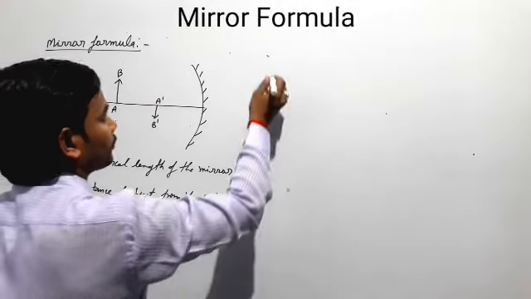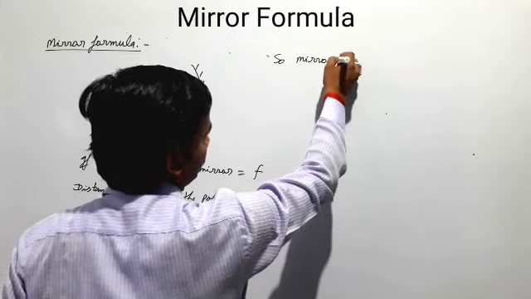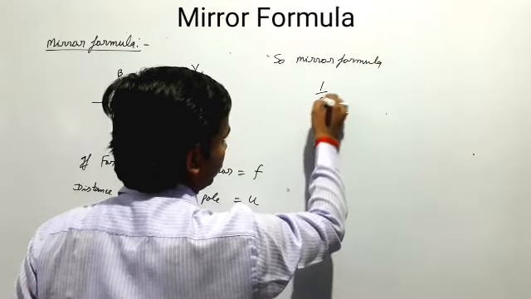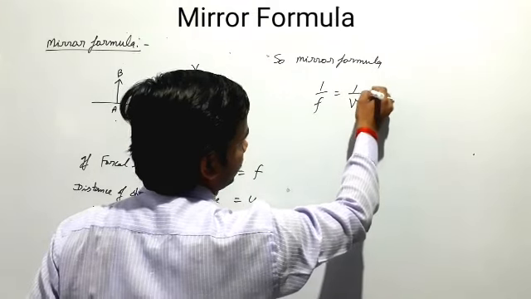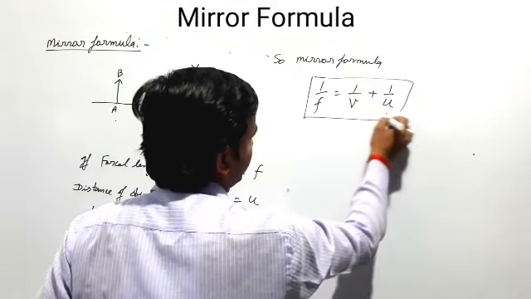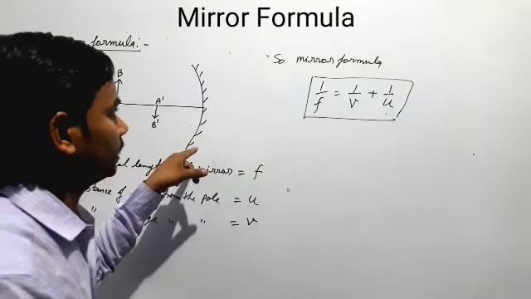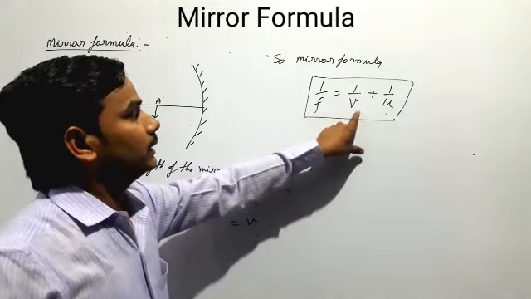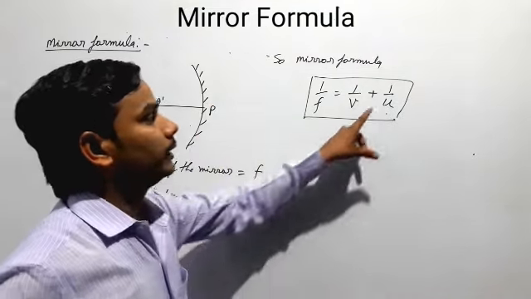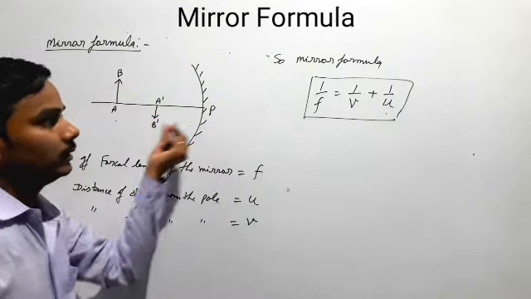So the mirror formula will be 1 by f equals 1 by v plus 1 by u. This is the mirror formula, where f is the focal length of the spherical mirror, v is the distance of the image from the pole of the mirror, and u is the distance of the object from the pole of the mirror.